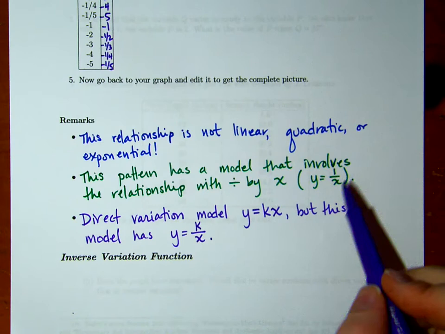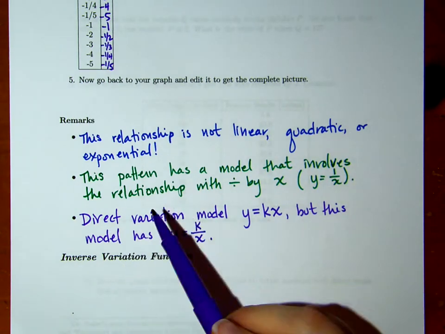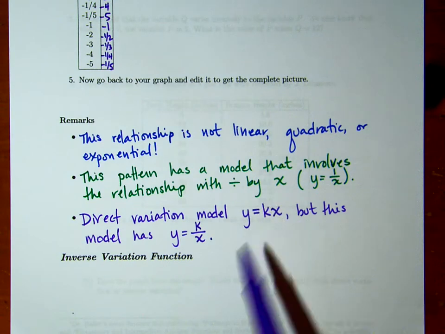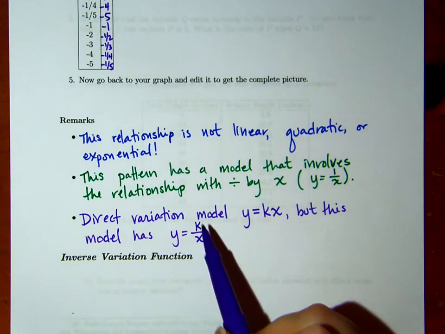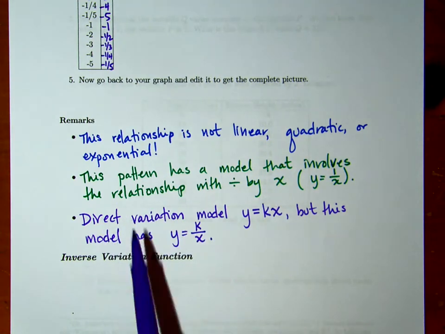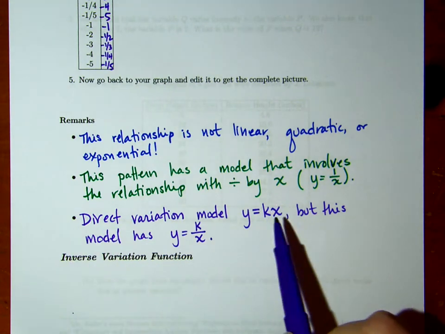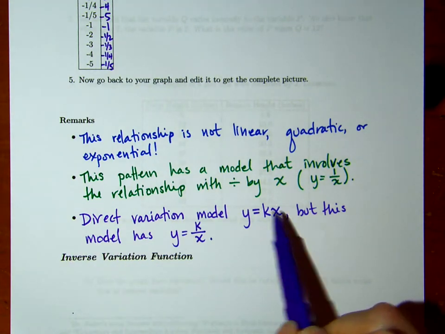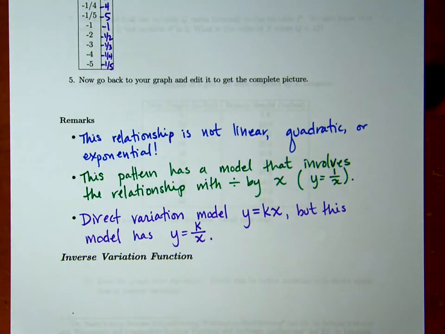And in this particular case, the k was 1. But direct variation said, we're going to model this with y equals kx. And this model had y equals 1 over x, or k over x. So you could see how we would have a direct variation and an inverse variation. One is multiply by x, the other, so scale up, scale down, basically.